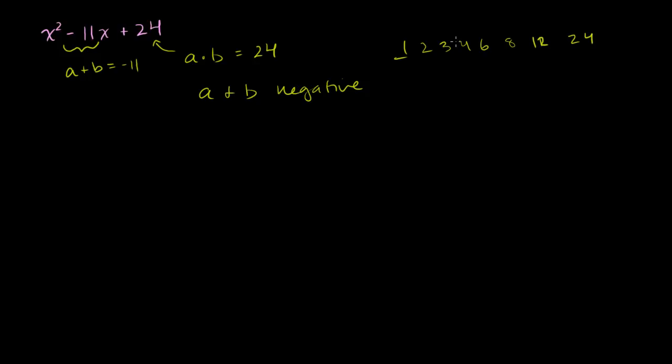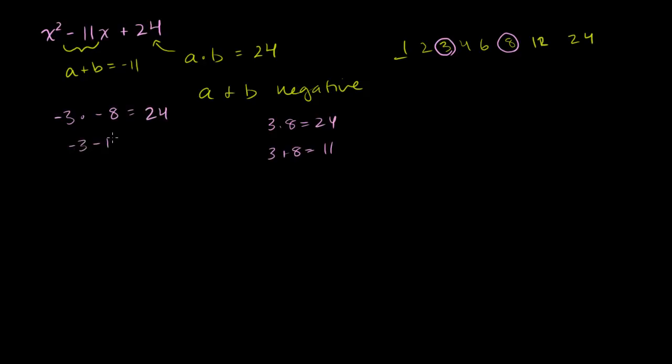So when you look at these, 3 and 8 jump out. 3 times 8 is equal to 24. 3 plus 8 is equal to 11. But that doesn't quite work out, right? Because we have a negative 11 here. But what if we did negative 3 and negative 8? Negative 3 times negative 8 is equal to positive 24.